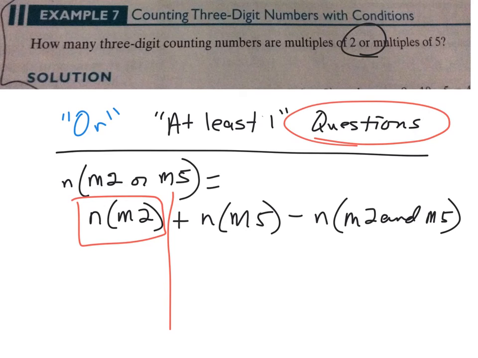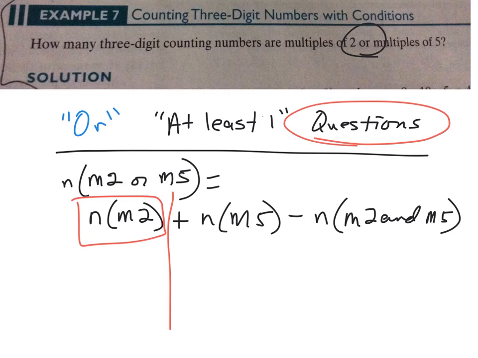Well, is repetition allowed? So class, with my 3-digit counting numbers, is repetition allowed or not? This is a reading problem right now. Is there anything in that problem that tells you that repetition is not allowed?